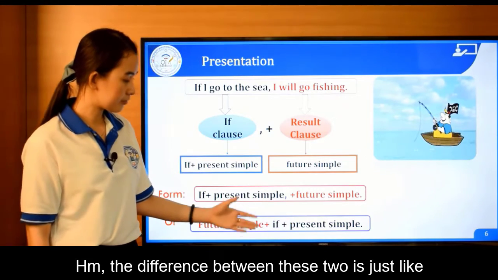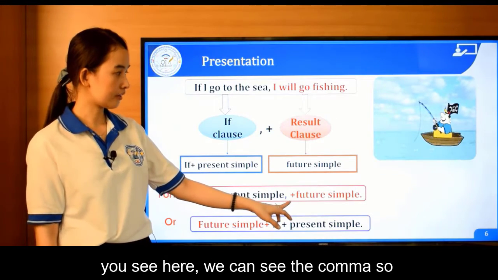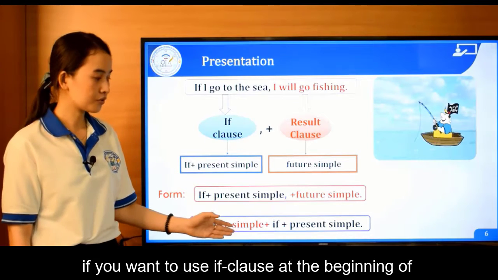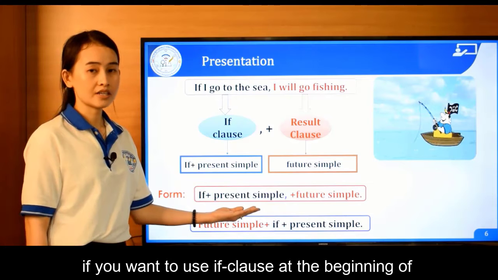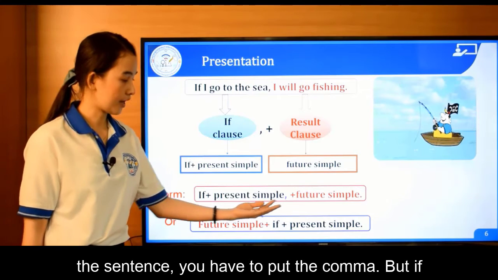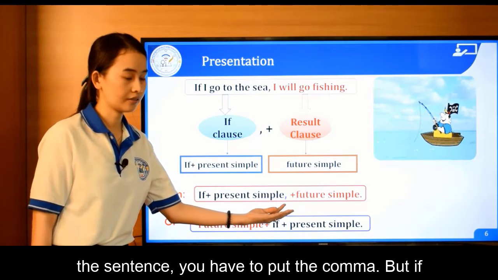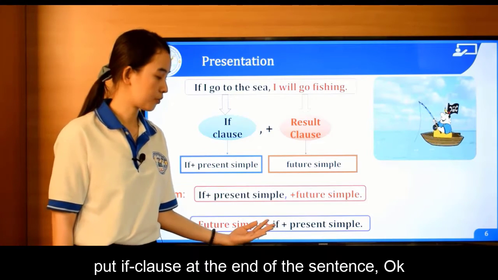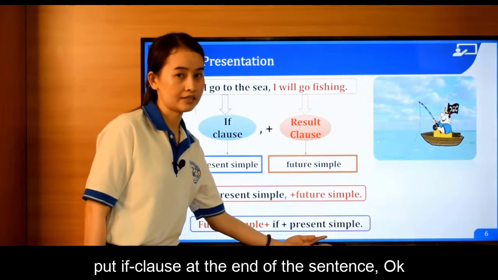The difference between these two is just like you see here, we can see the comma. So if you want to use the if clause at the beginning of the sentence, you have to put the comma. But if you don't want to use a comma, you just put the if clause at the end of the sentence.